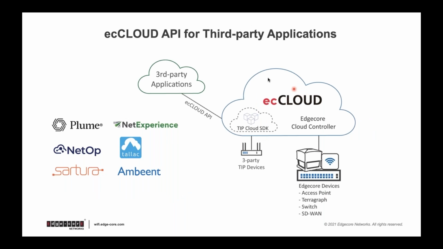Okay, this page, like we mentioned before, we have the ecCLOUD public API for third-party applications to use this API to control and manage the devices of ecCLOUD. And this is the list of the companies that are TIP partners, and we are cooperating with them.